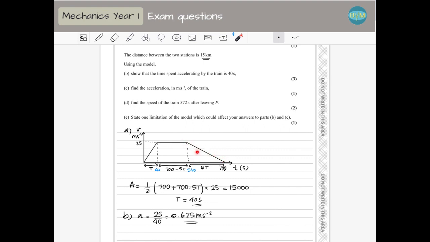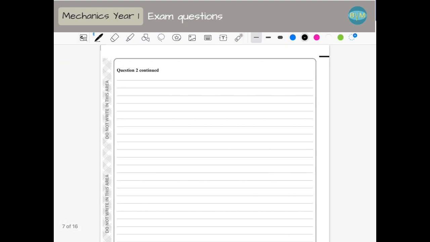I would use SUVAT because it's decelerating, and I think it's the simplest way, but I'm sure there are other ways of doing it, like the gradient or a proportion in the triangle. If we write SUVAT, we don't need the displacement. The initial velocity is 25. The final velocity is what we need.